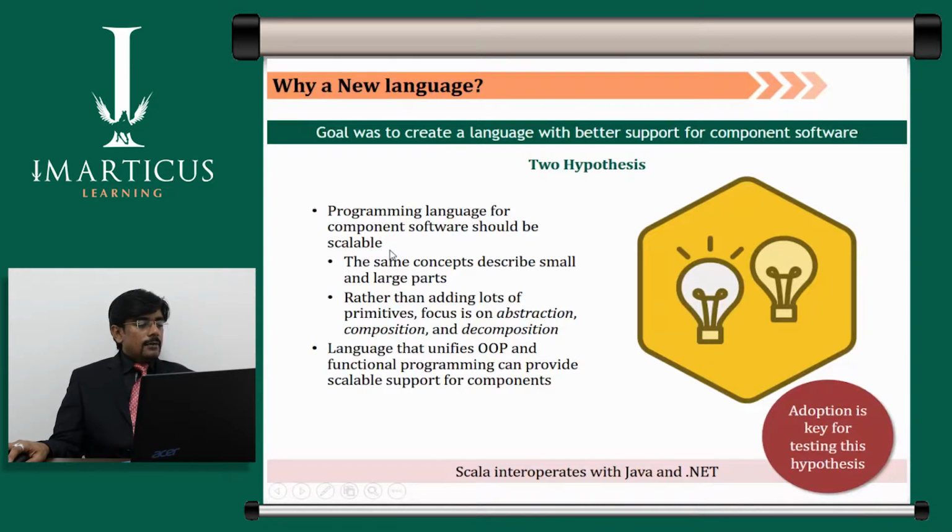So in case we want to build something in it, or add some component to it, it should be scalable enough. The same concept describes the small and large parts. Rather than adding lots of primitives, the focus is on abstraction, composition, and decomposition. A language that unifies OOP and functional programming can provide scalable support for components, and that makes Scala unique in this manner. Adoption is the key for testing this hypothesis. So once we tried to fulfill our hypothesis on this pattern, we found that Scala is completely suitable for it.